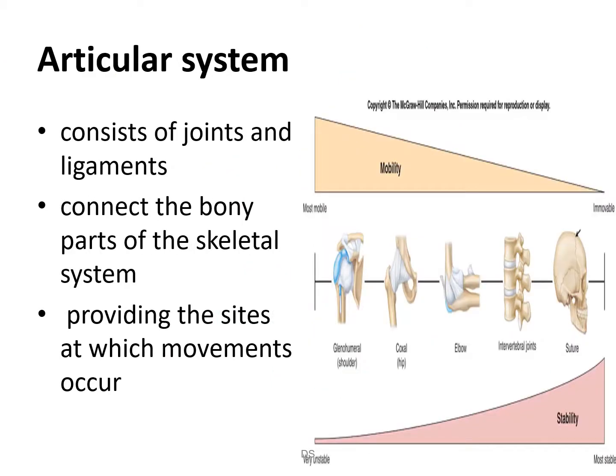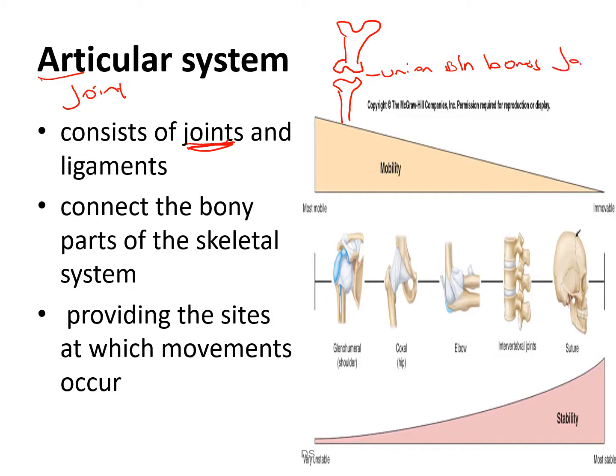The articulatory system, the joints, which are found within our body. It is mainly concerned with the joints and the junction between what? Two bones. This is one bone, this is another bone. The junction or the union between bones is called what? The joint. And the structure that strengthens the joint is called what?